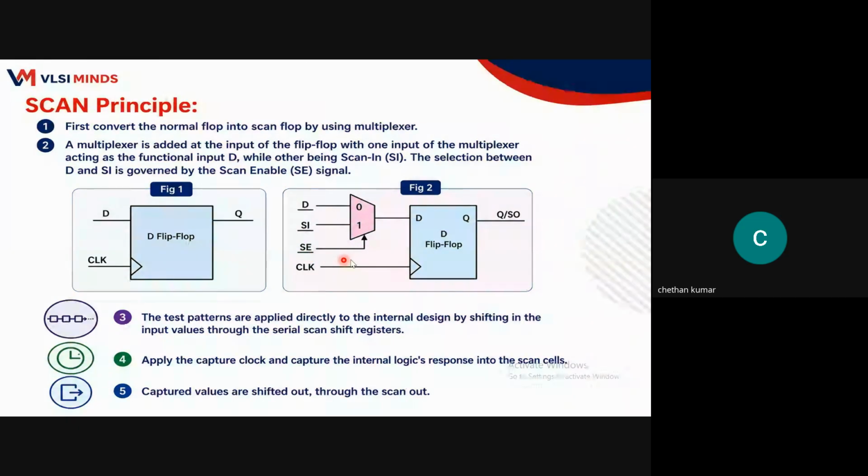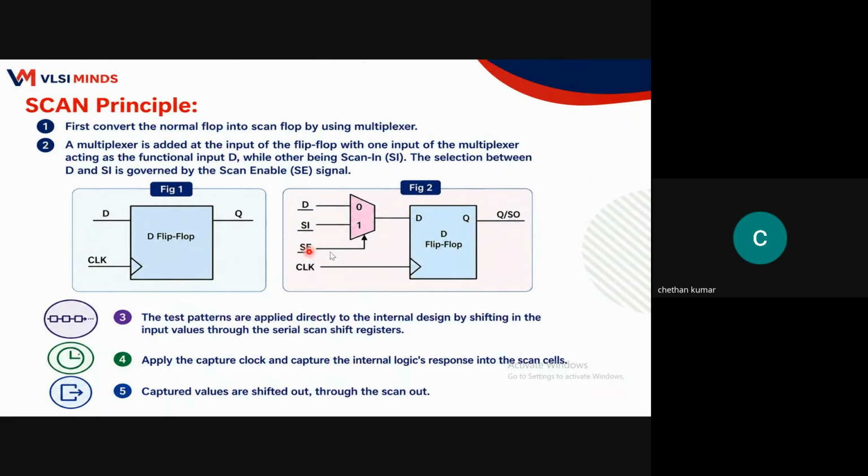We are adding two extra inputs: SI, that is scan input, and SE, that is scan enable signal. SE is my control input, a DFT control signal, which controls between the data and the scan input.